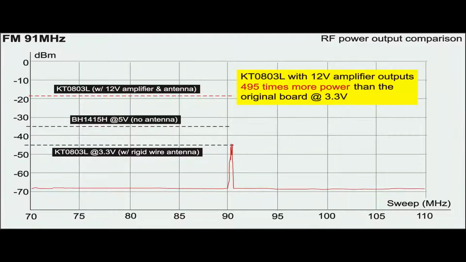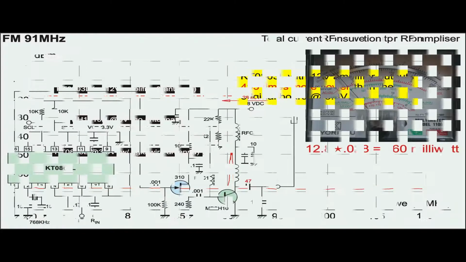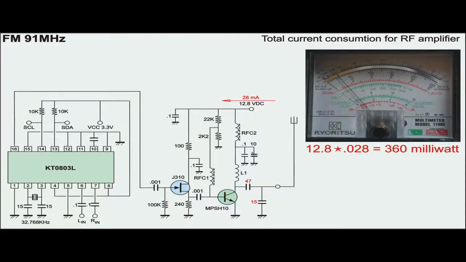As a result, the RF transistors amplify the signal almost 500 times larger. It also surpasses that of the BS1415. Looks like this modification will now cover the entire house. Power consumption for the 2 transistors is almost 400 milliwatts.